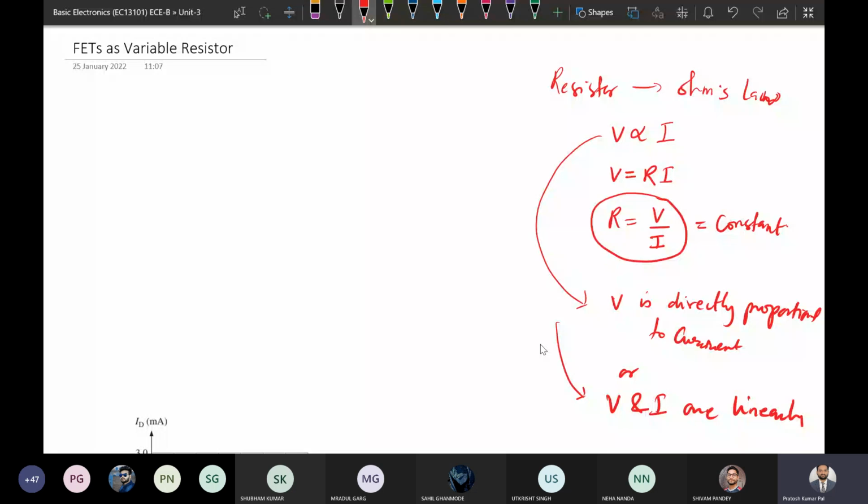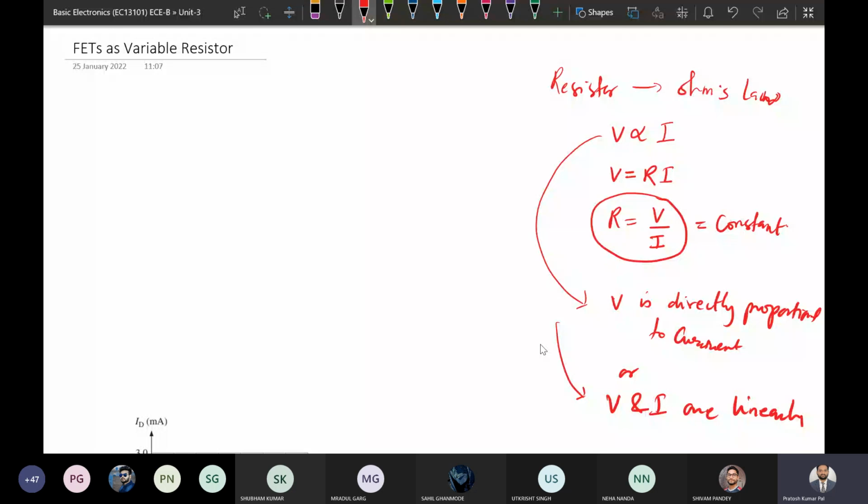Variable resistance means a resistor with a variable sign, and this variability will be based on some controlling voltage. So this variation is based on controlling voltage.